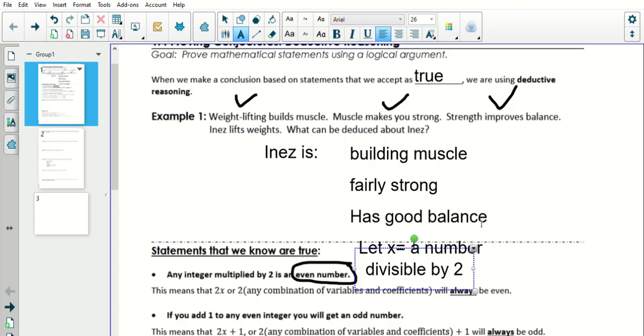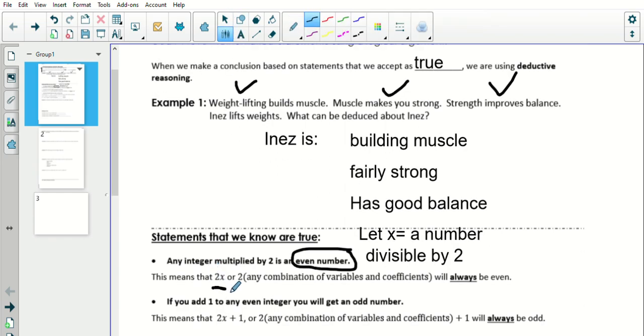And a sneaky way to make sure any number is divisible by 2 means we can multiply it by 2. So a true statement would be that 2x, or any combination of variables and coefficients, will always be even. If I put any number and multiply it by 2, it will always be even.